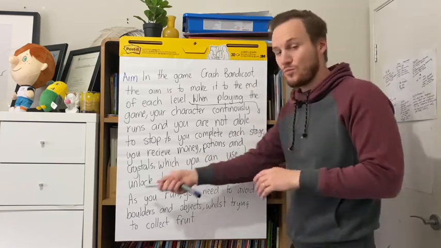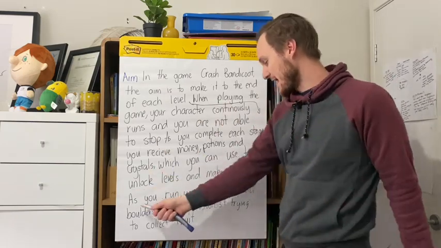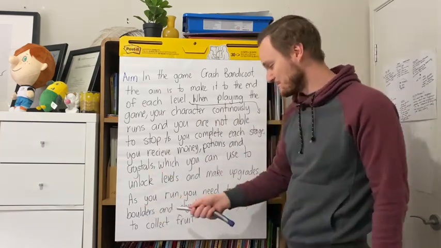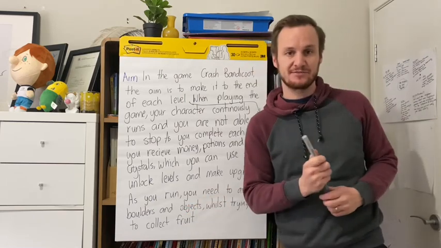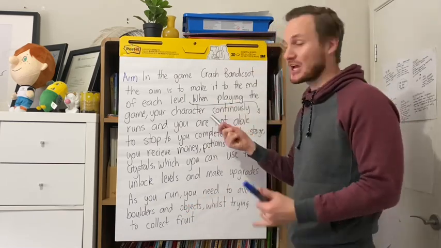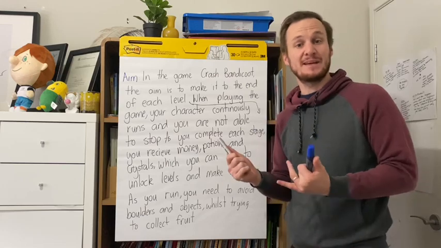Now, what that sentence is going to say is, as you run, you need to avoid boulders and objects whilst trying to collect fruit. Because after there, it just looks like I just run the whole time. There's no actual way of me getting caught.